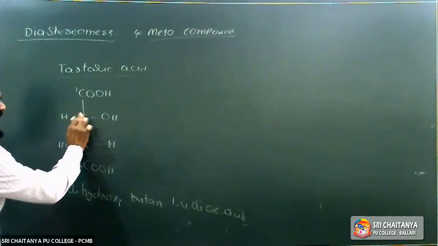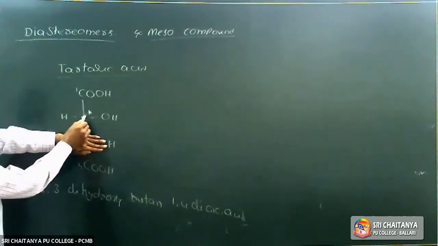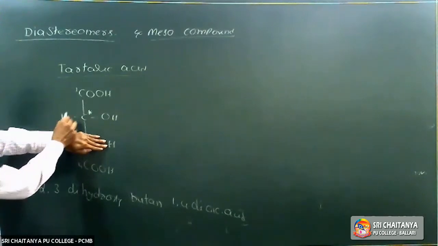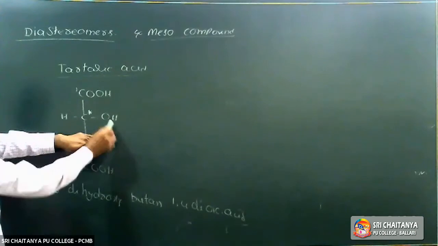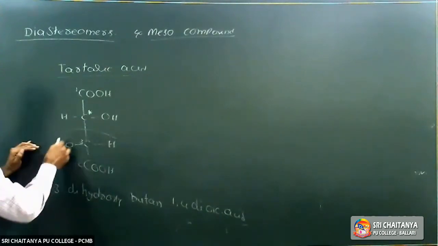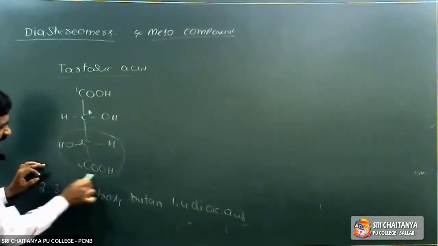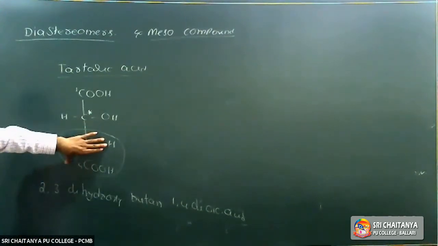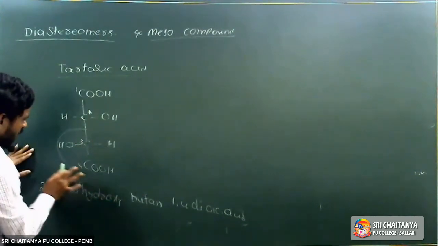This second carbon is an asymmetric carbon because it is attached with H, COOH, OH, and CHOH COOH, which is considered as a group. So this carbon is an asymmetric carbon. Next, take the third carbon.